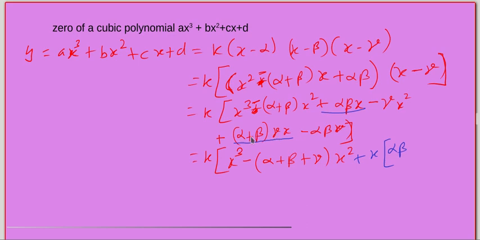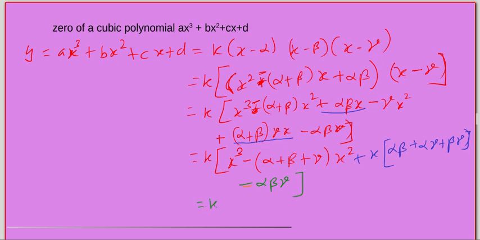So alpha gamma plus beta gamma. Okay, so the x term is this much. Next, alpha beta gamma. This constant is only 1. So minus alpha beta gamma.